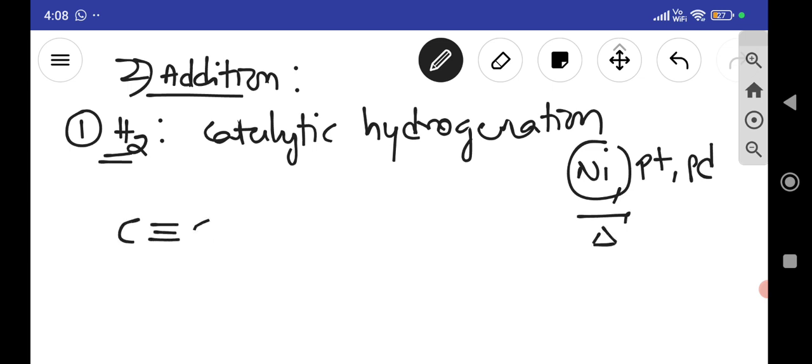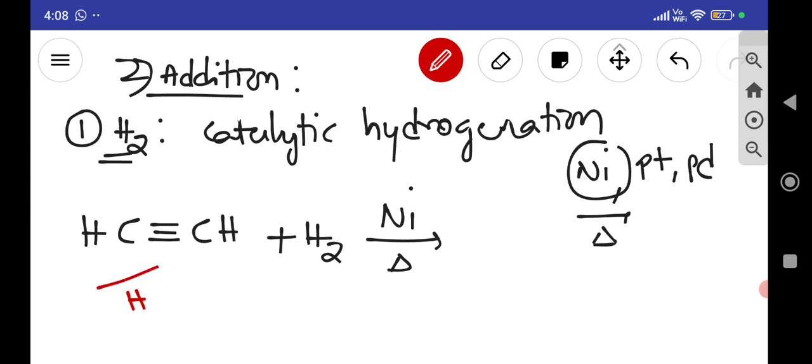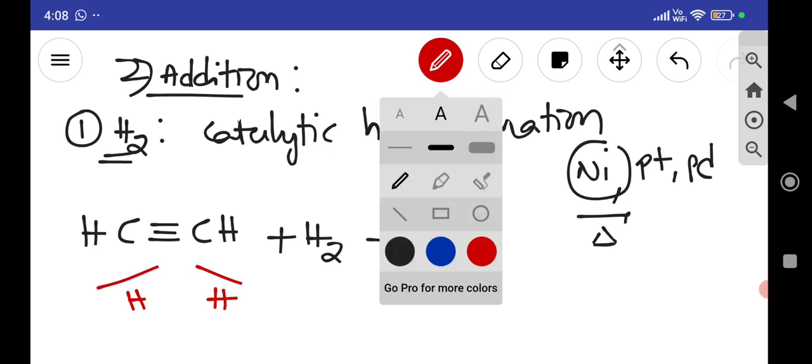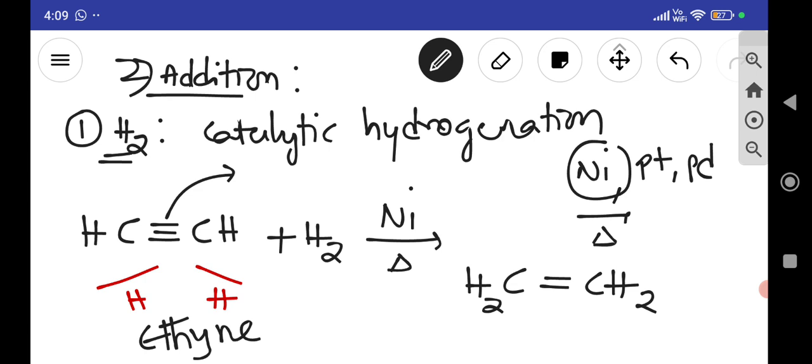So take the ethyne structure plus H2 in presence of nickel, heat this. Here one H is added and on the second carbon one H is added. So by removal of one bond of the triple bond, you get CH2 double bond CH2. So ethyne, when undergoing addition reaction, will convert into ethene. So a double bond is formed.